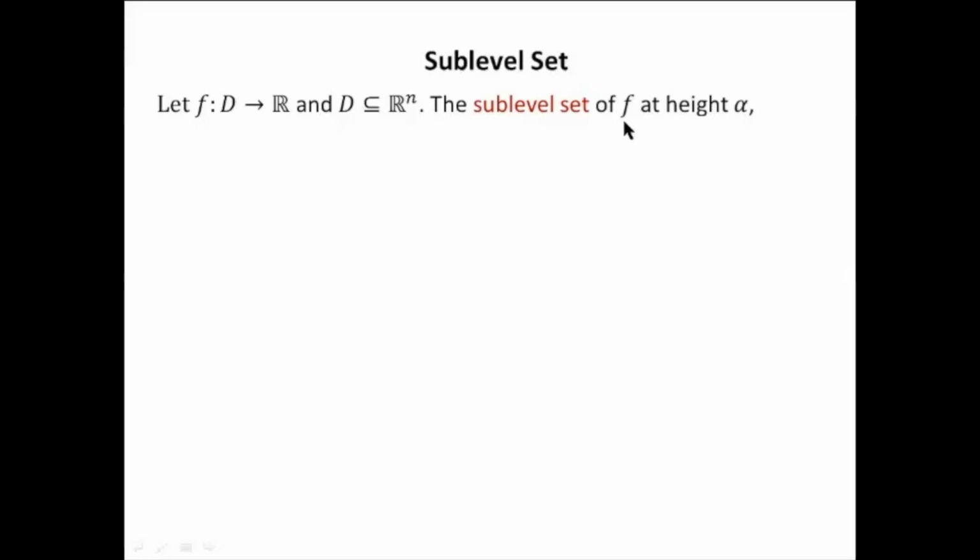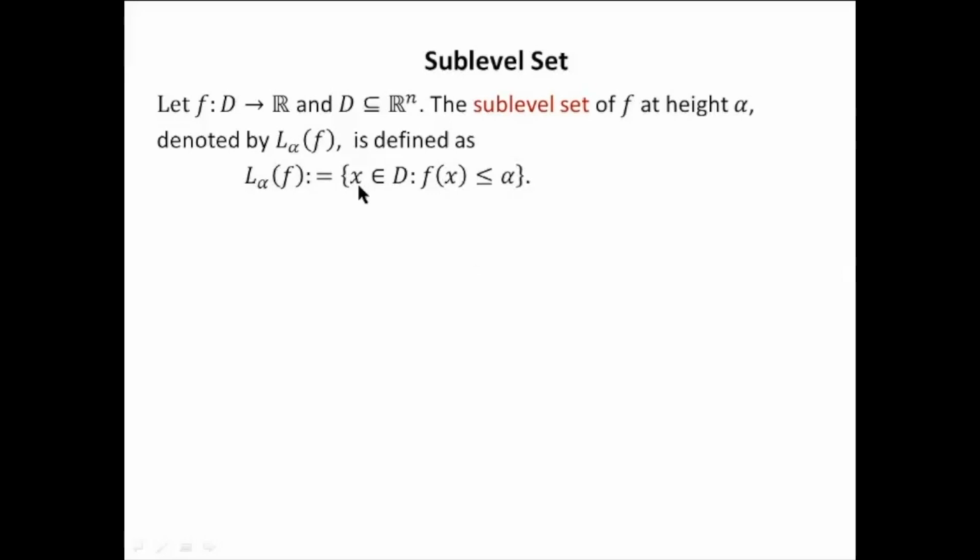The sublevel set of f at a certain height alpha, which we denote by L_alpha(f), is defined as the collection of points from D for which the value of the function is less than or equal to alpha.